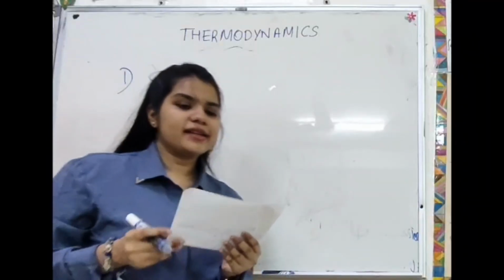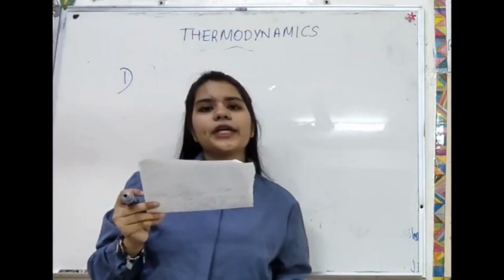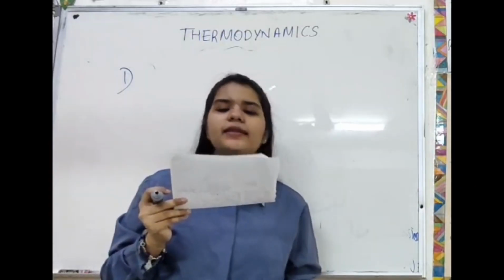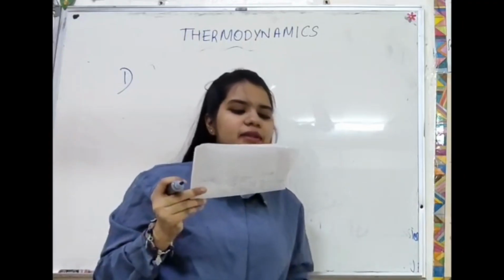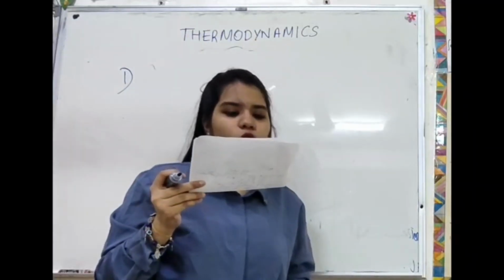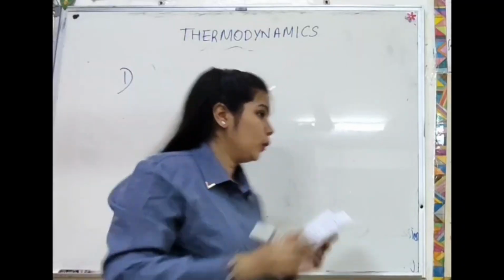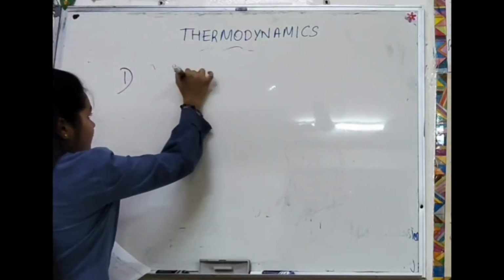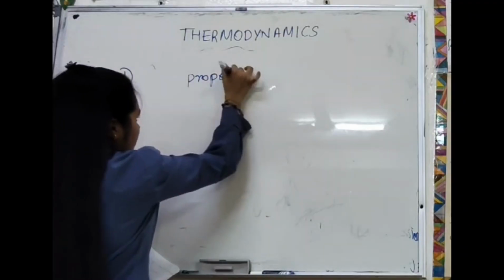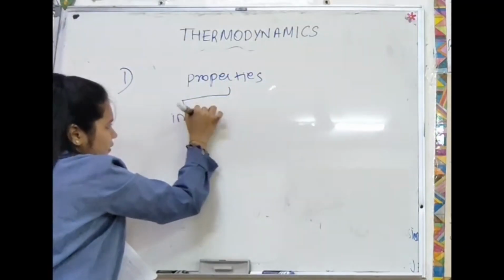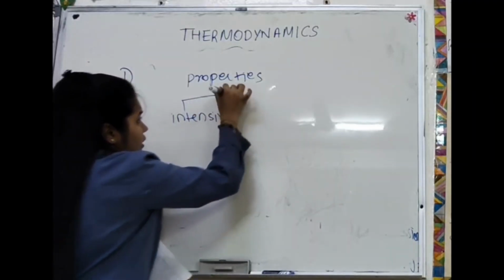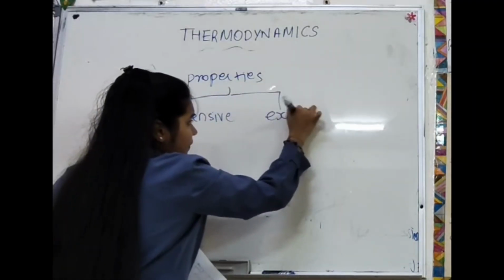So the first question is, which one of the following is an intensive property in a thermodynamic system? First option, pressure. Second is enthalpy. Third is internal energy. Fourth is the entropy. We know in the properties of system we learned intensive and extensive, right?